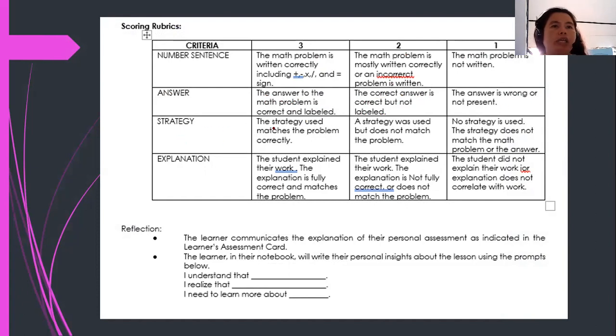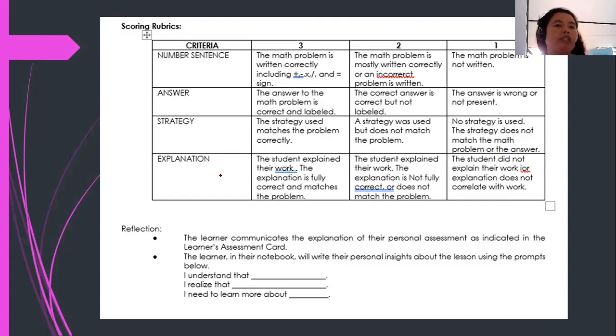For the strategy, 3 points, the strategy used matches the problem correctly. 2 points, the strategy was used but does not match the problem. And 1 point, no strategy is used, or the strategy does not match the math problem on the answer.